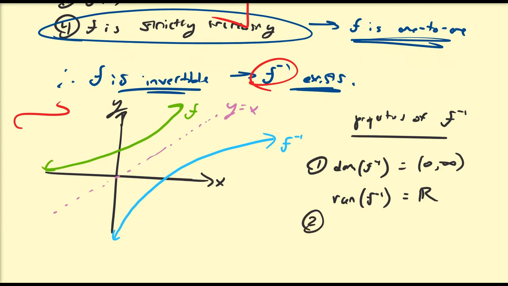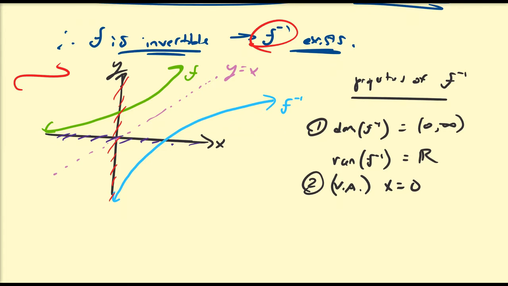Instead of a horizontal asymptote like its original, it will have a vertical asymptote at x equals 0. You can pretty much see that here, same as this was a horizontal asymptote for the green curve. If f of 0 is equal to 1, then that means f inverse of 1 is going to be equal to 0. So that's going to give us a point on this curve.